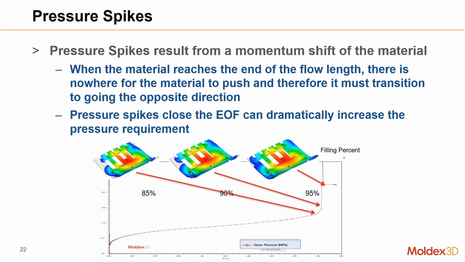And that is a pressure-based phenomenon. We call it momentum. These momentum shifts are what's going to cause this pressure spike, and if these pressure spikes are at the end of fill, you'll actually see a very different peak pressure than what you might be seeing in reality, or vice versa.